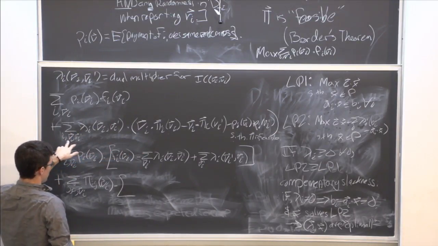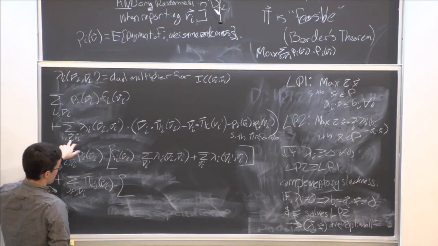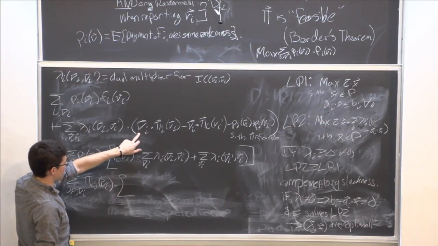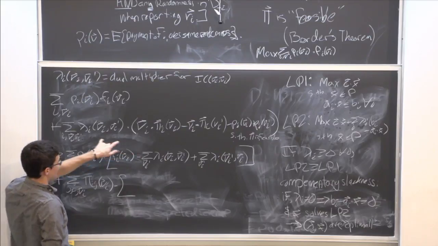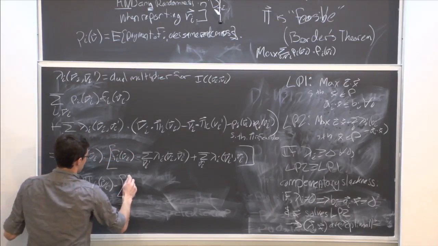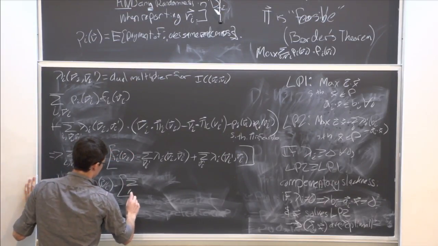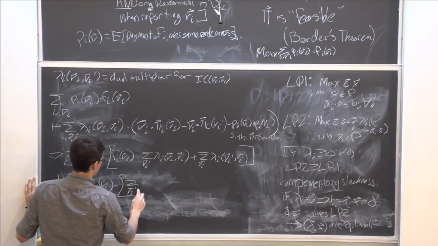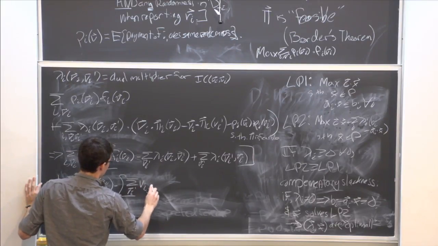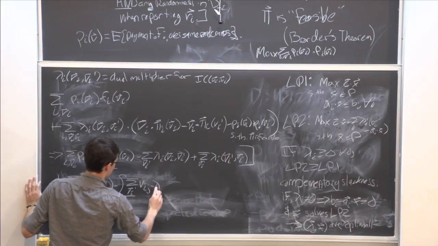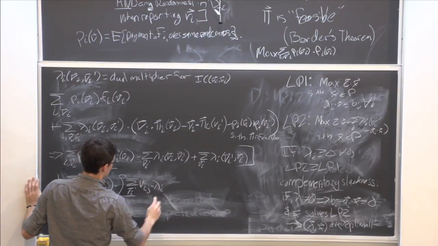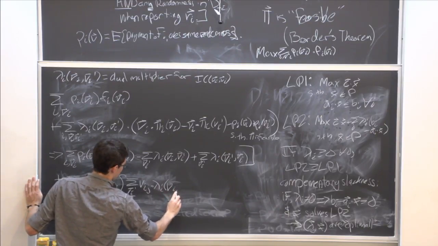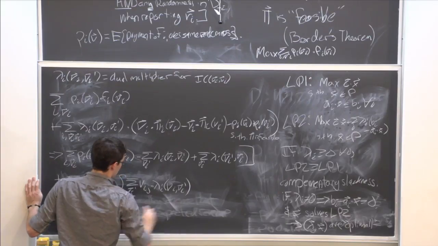Sometimes it is the vi in this sum, in which case it gets a vij times this multiplier. So this is sum over all vi prime vij times lambda i of vi prime.